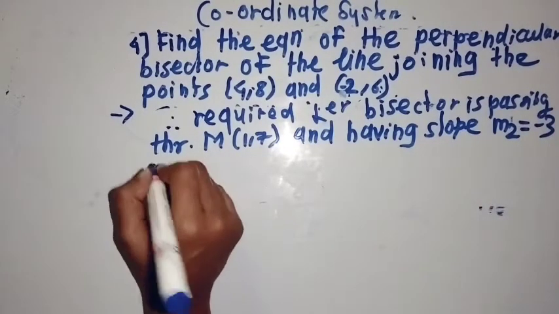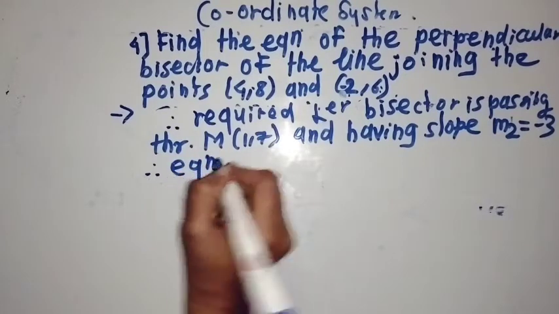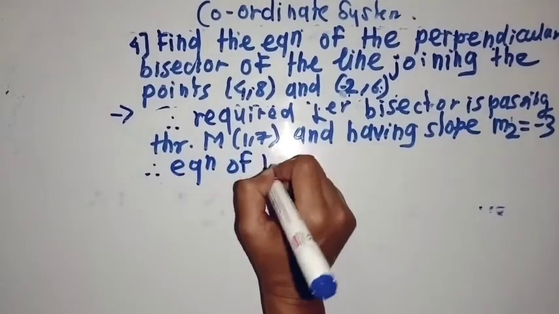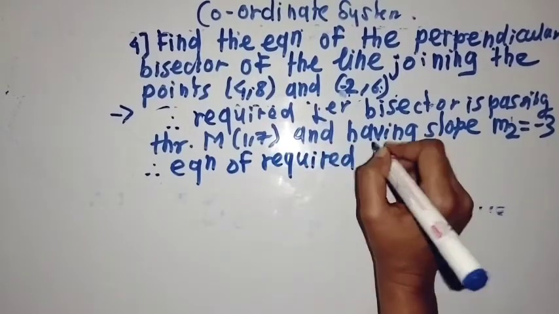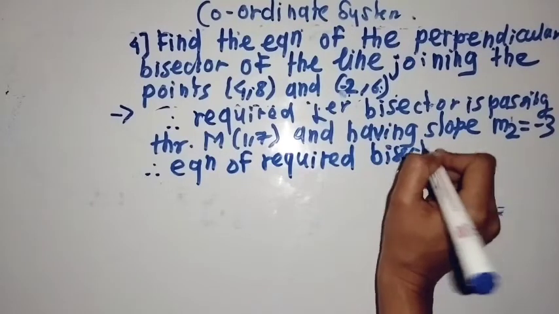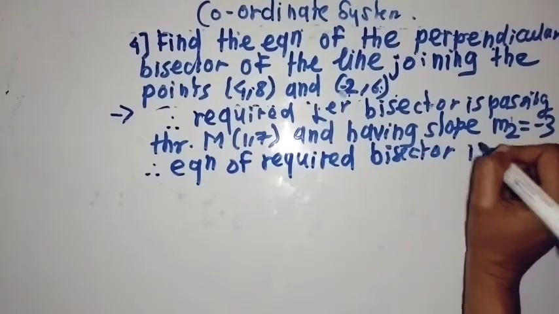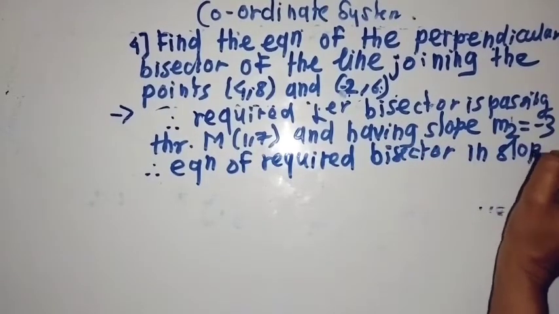Hence we find the equation of the required bisector in slope point form.